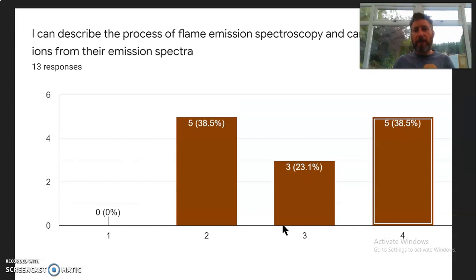Right, flame emission spectroscopy. Now this is the one people struggled with. And interestingly, I've done this with your two other classes, and they struggled with this as well. I've put information on this on the handout sheet at the end, so do print it off and have a look. But very simply, how does it work? It's a posh flame test. You set the sample on fire, you look at the flame colour, but the flame colour then goes through a prism where it's separated into a spectrum.